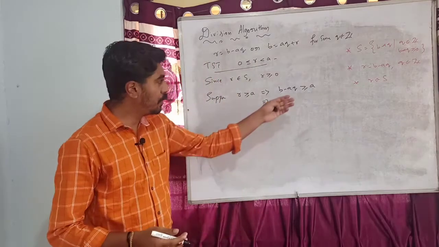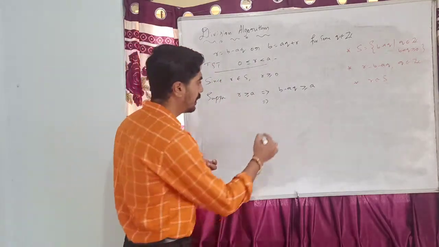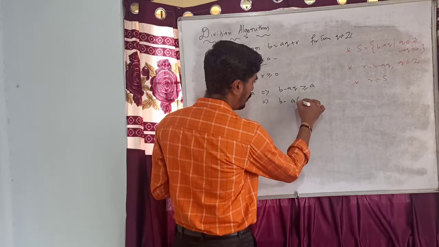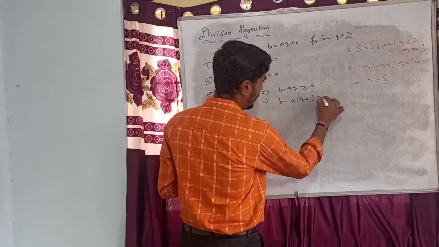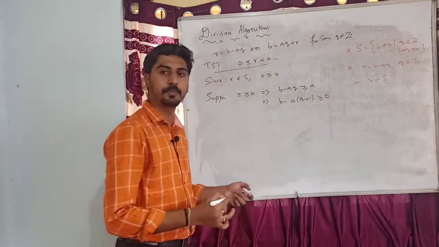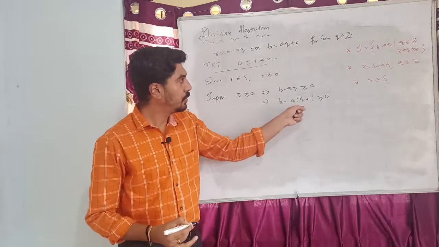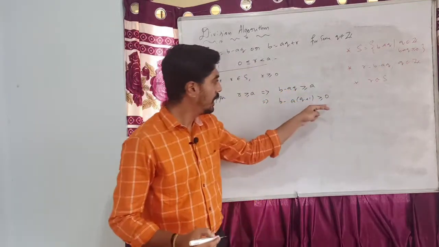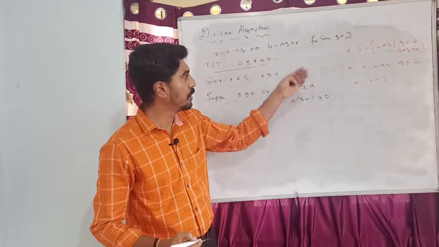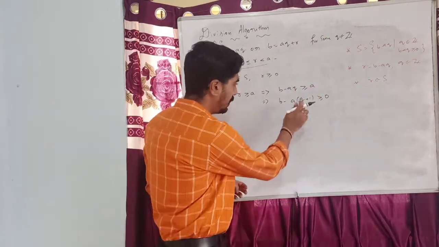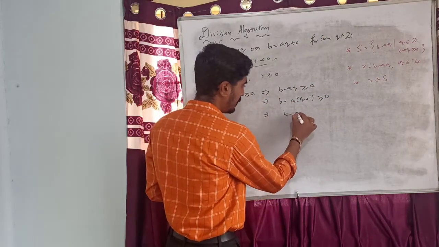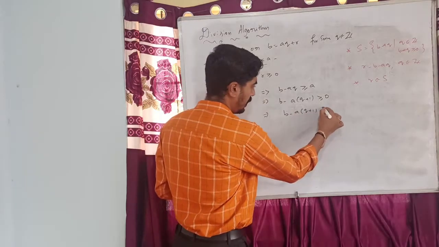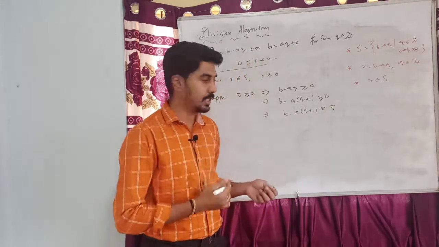If I take a to the left hand side, I get b minus a into q plus 1 is greater than or equal to 0. This is of the form b minus aq and is greater than or equal to 0, and therefore by the definition of S, this element belongs to S, which is a contradiction.